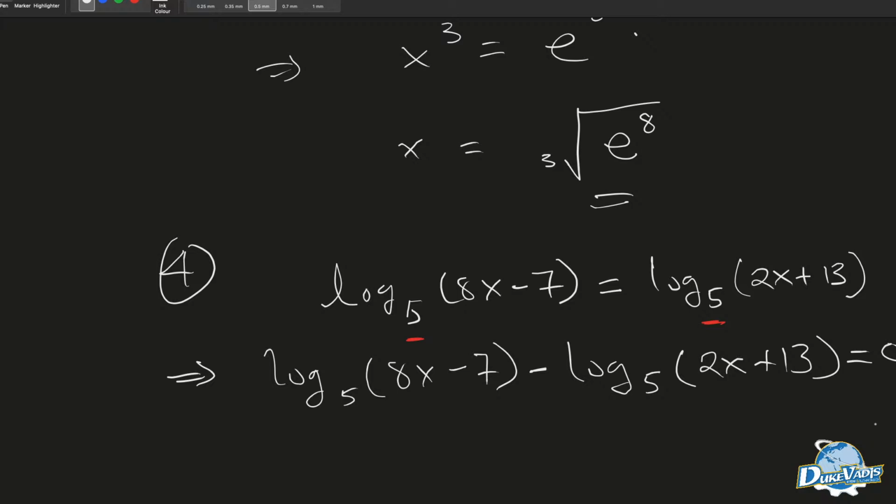Since we see logarithms over here, we have to remember some of the properties that we've learned over the months that we've been working together.